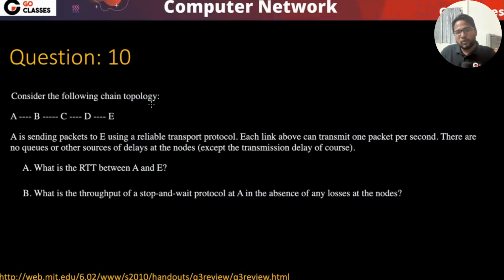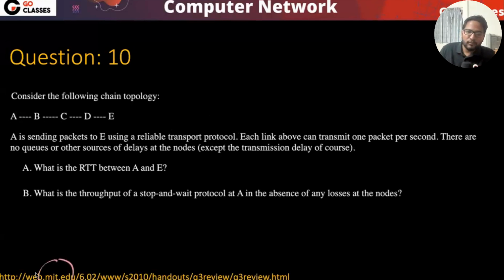So consider the following chain topology. They are saying A to B, B to C, C to D, and D to E. Now A is sending a packet to E using the reliable transport protocol. You don't worry about this transport protocol, it is not needed to solve the question. Each link can transmit one packet per second. So the bandwidth is given in terms of packets per second.